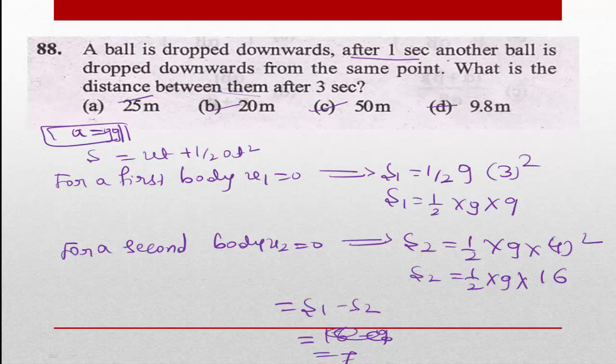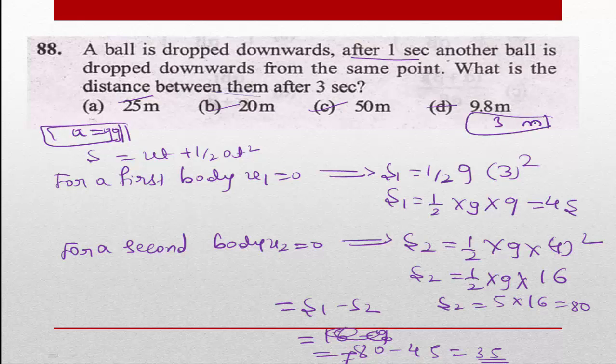Wait, here suppose I put G equal to 10: S1 is 10 into 9, 90, into 1 by 2 is 45, and S2 equal to 1 by 2 into G, G is 10, 10 into 1 by 2 is 5, 5 into 16 is 80. And 80 minus 45, that is 35, is the accurate answer. 35 meter. This is the answer for this question. The given options are wrong. So write down this value, the 35 meter.